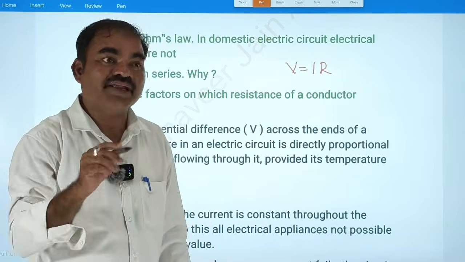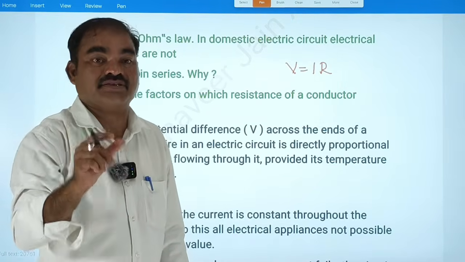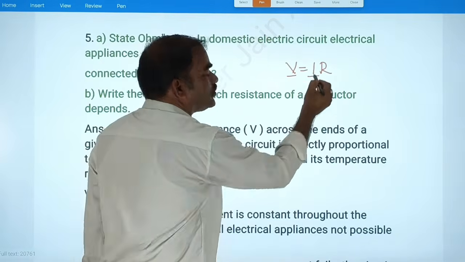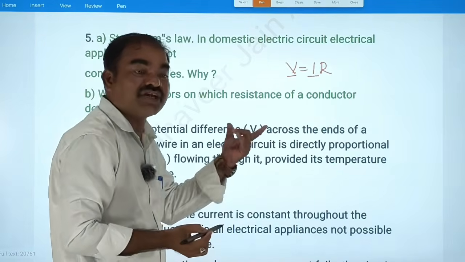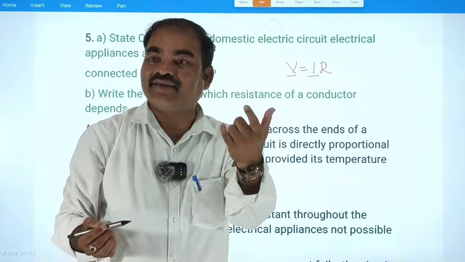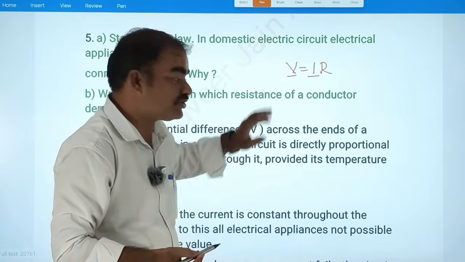Then only it is applicable. This is a very important word, you have to write it at last. So potential difference across two ends of the metallic wire in a circuit is directly proportional to the current flowing through it.